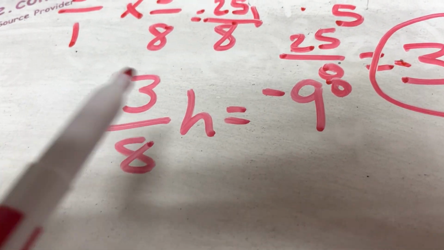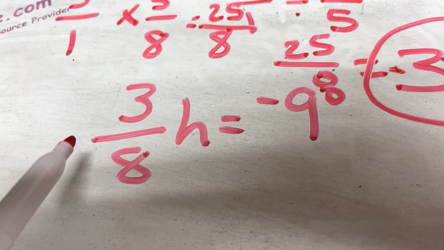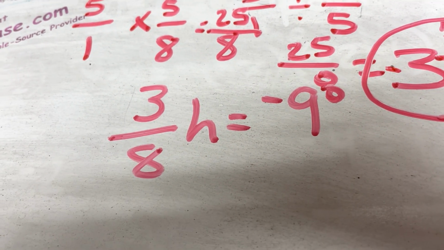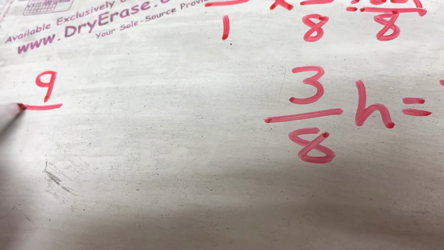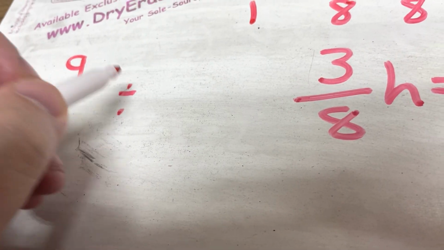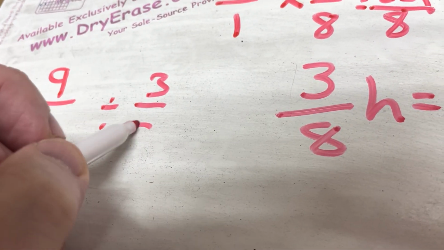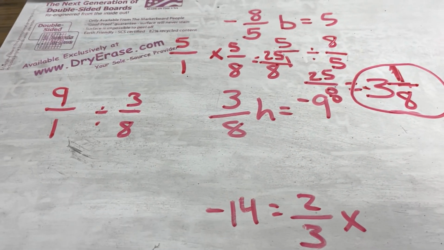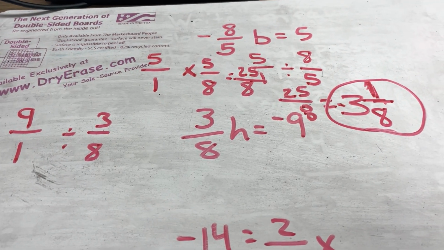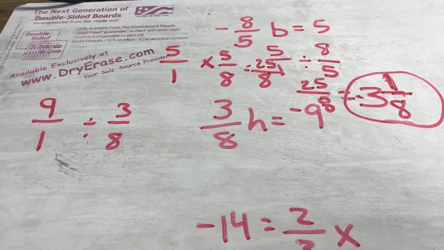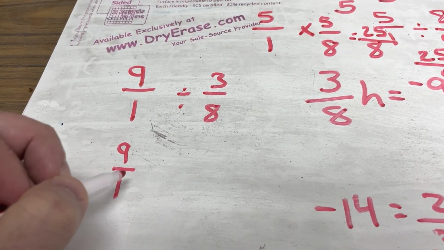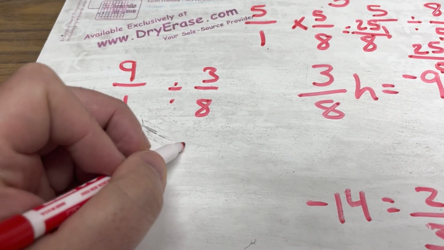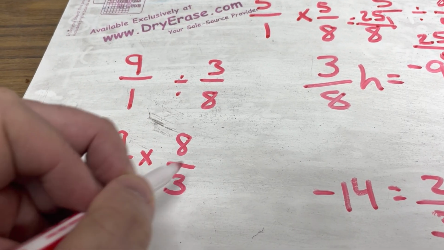All right, 3/8h equals -9. Once again, I'm going to take -9 and divide that by 3 over 8. So I'm going to take 9 over 1 and divide that by 3 over 8. But I've got to multiply it by the reciprocal, which is going to be 9 over 1 times 8 over 3.